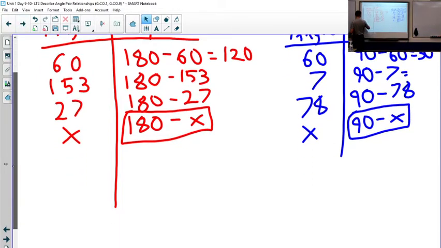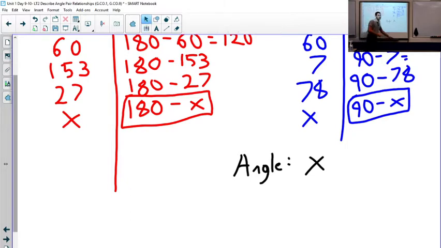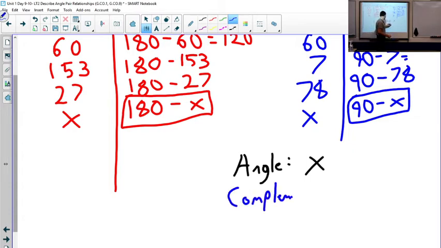This is the part that you want to make sure that you write down. If I have the angle that I don't know, then I want to just use x to stand for that angle. So if you see angle or measure of the angle, that's going to be x. If you see complement of the angle, remember our pattern was that we took whatever it was and subtracted it from 90.